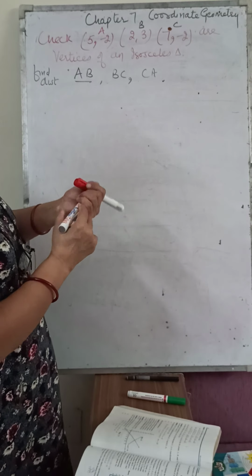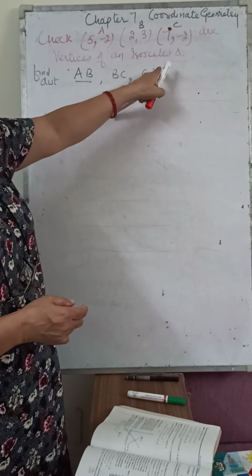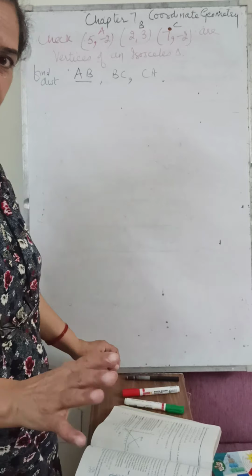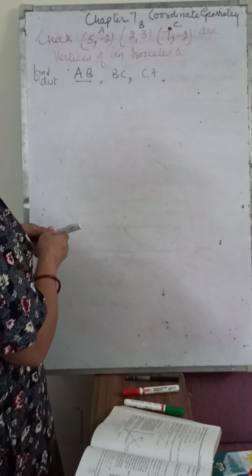In case any two sides are coming equal, you will say yes, they are the sides of an isosceles triangle. And if two sides are not the same, you will say no, it is not an isosceles triangle. Clear? So let's find AB.